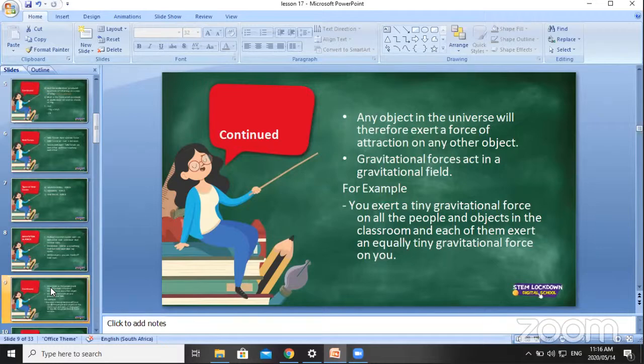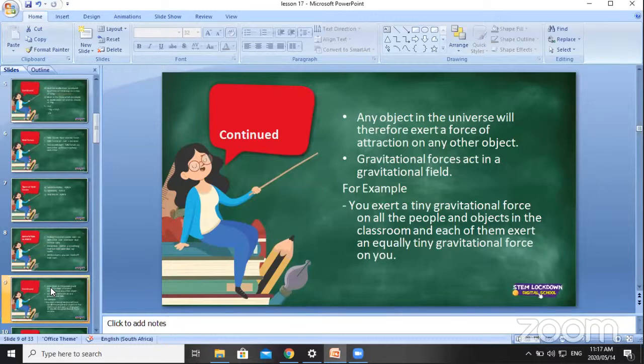Gravitational force acts in a gravitational field. That's why we say these are field forces, and they act over a distance. You exert a tiny gravitational force on all the people and objects in the classroom, or wherever you are. You are exerting a gravitational force on a table, on the walls, and everything there.